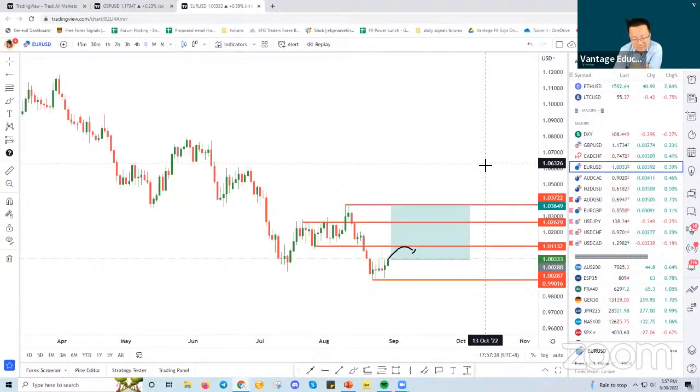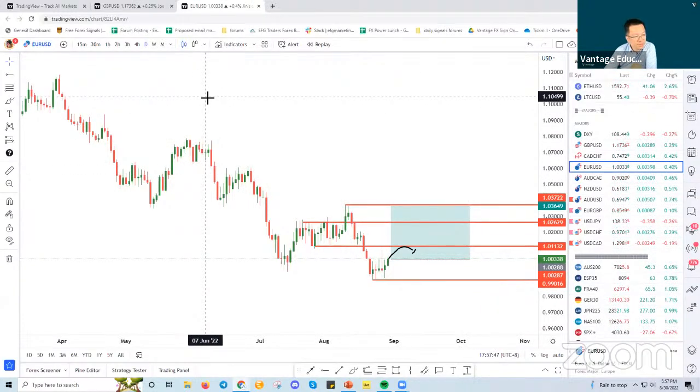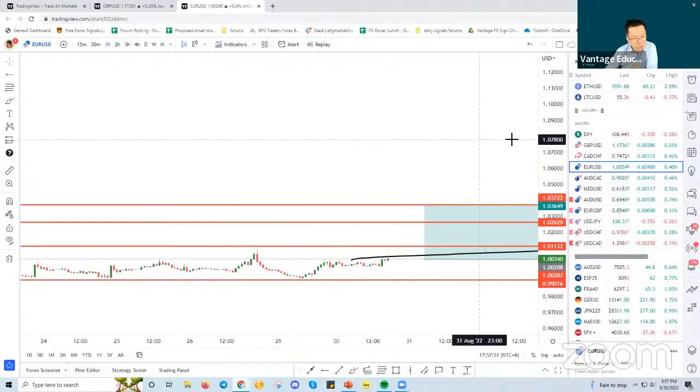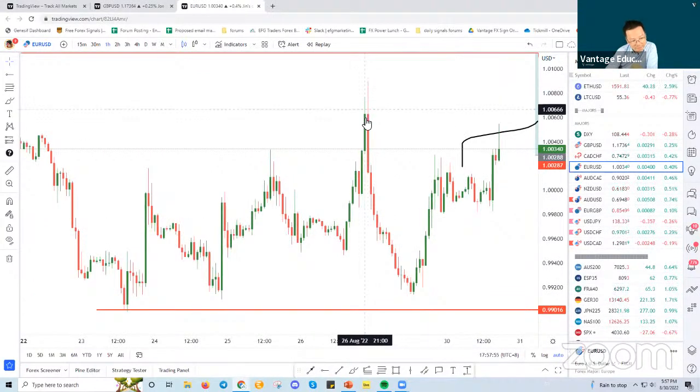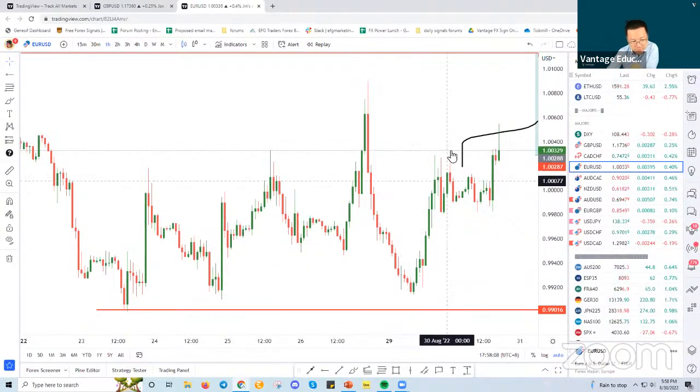I would scalp only when it's high volatility in a trending scenario, right? High volatility in a trending scenario. So let's look at an H1 time frame in this case. That kind of scenario would be a scalping scenario because we can see it trading towards the downside, but you're not sure when price is going to stop and reverse.